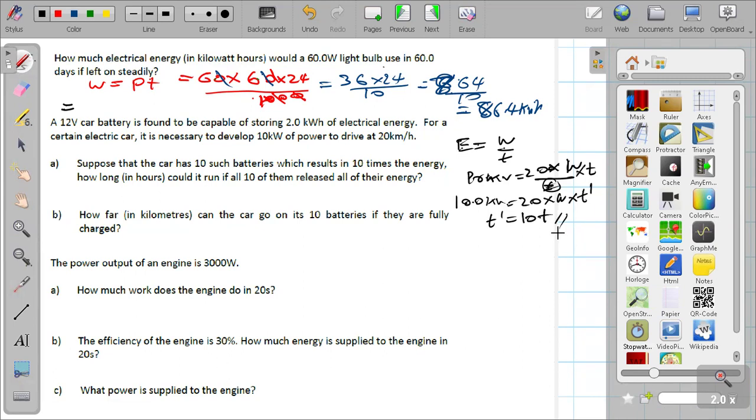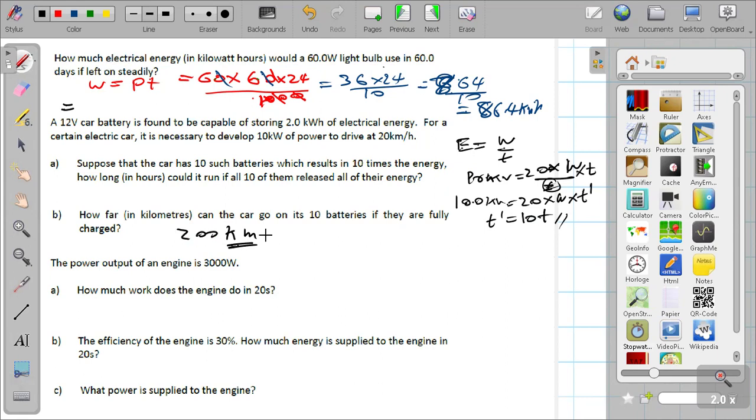You can only find it out in this way. How far can it go with 10 fully charged batteries? In that case we can't find it directly, but it says 20 kilometers an hour, so you can run 200 kilometers.